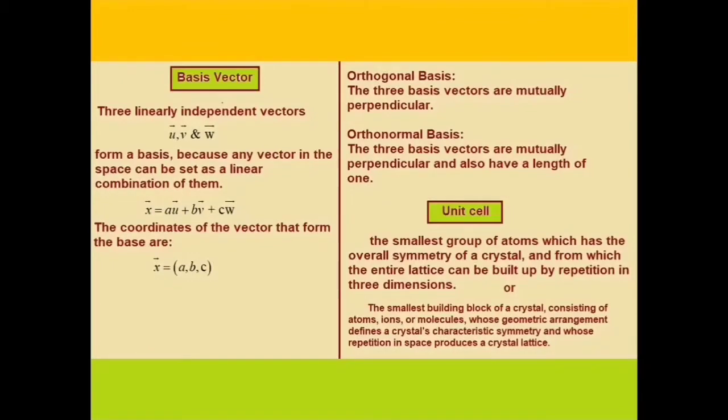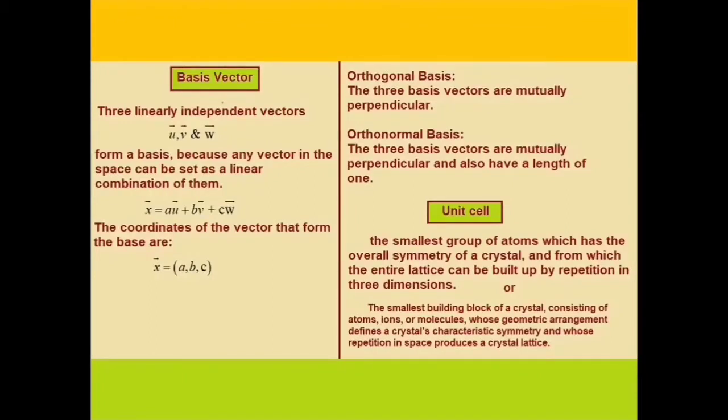The same is true in the case of an orthonormal basis, but one thing is different: the length of each vector remains unit, that is, length 1. This is given for the orthogonal basis and the orthonormal basis.